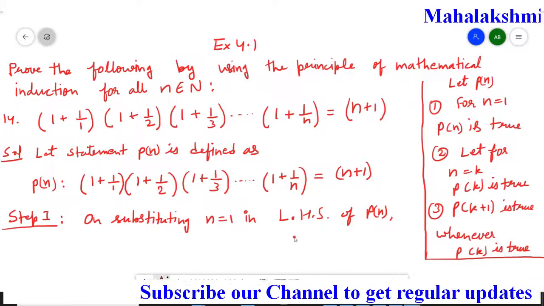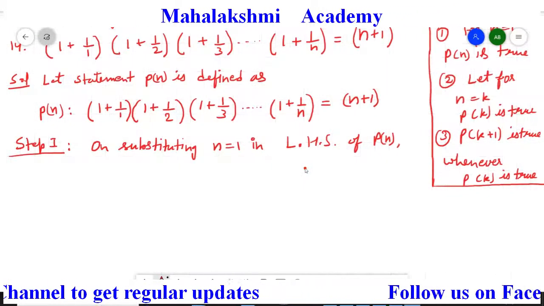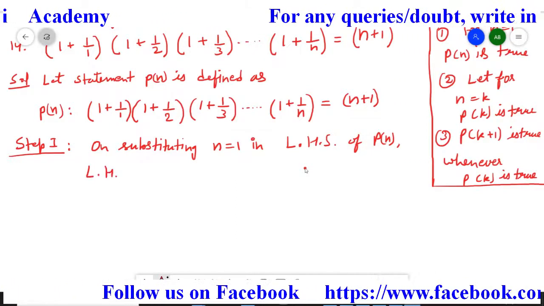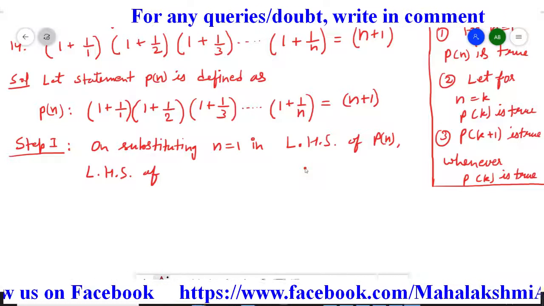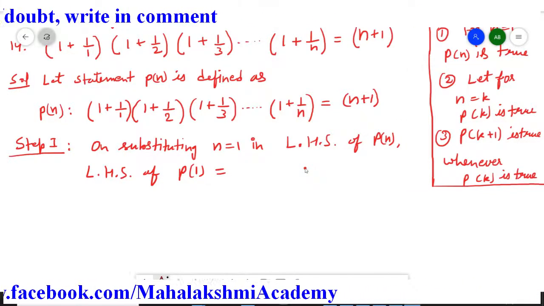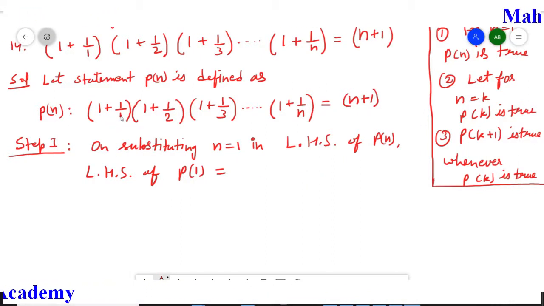So now I am going to proceed. We write here: left hand side of P1 is equal to, now P1 means instead of n I took 1. So only the first bracket you have to take.